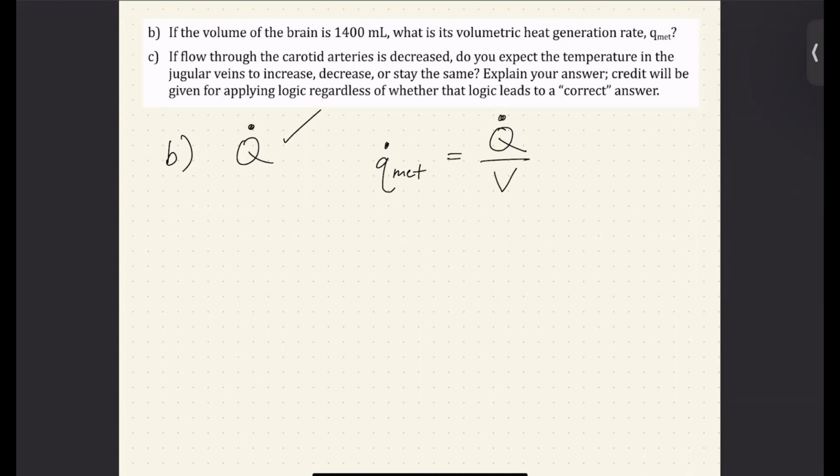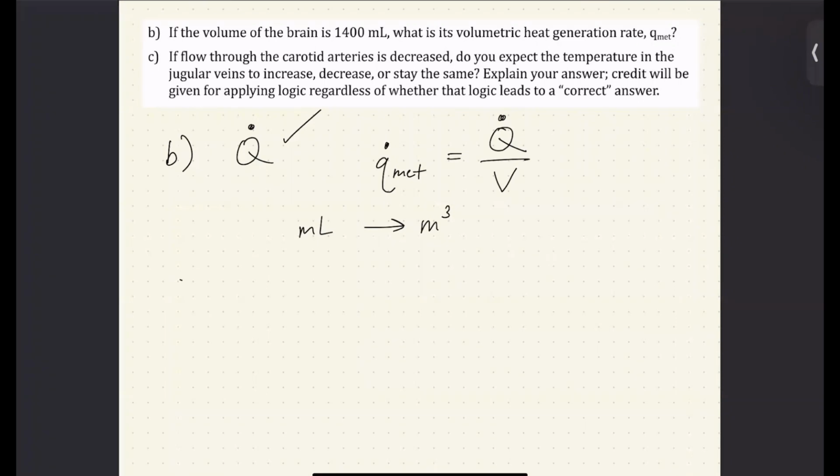So that should be a very simple calculation that you can do to get Q met, Q metabolic. And one thing to keep in mind is the units, making sure we're converting milliliters to meters cubed very carefully.